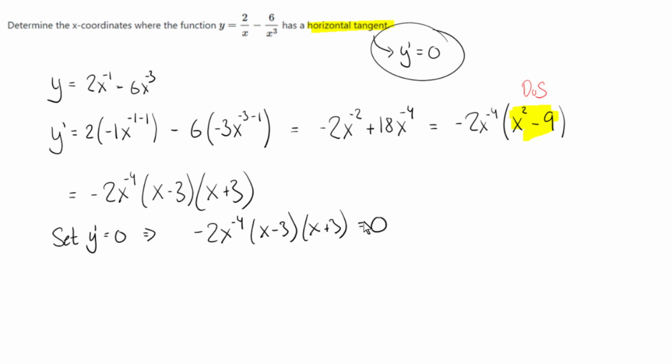And so we can use the zero product rule and solve this. So x is going to be either positive or negative 3. So when x equals either 3 or negative 3, the tangent will have a slope of 0, and it's going to be a horizontal tangent.